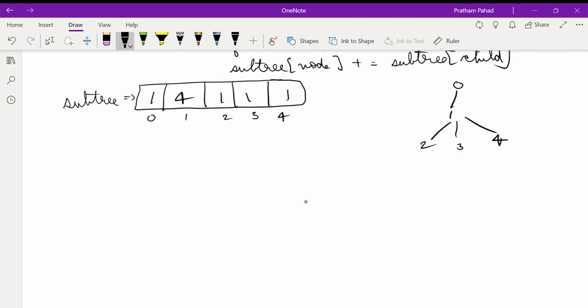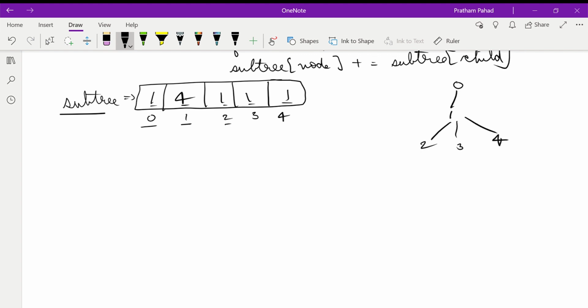By seeing the subtree array only, you can tell that from 0 you can visit only one child, from 1 you can go to 4 nodes, from 2 you can go to 1 node, from 3 you can go to 1 node, and from 4 also you can go to 1 node only. I hope till this point you have understood the problem.